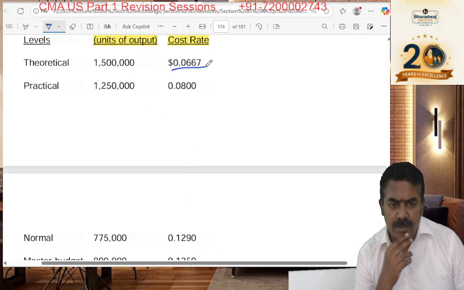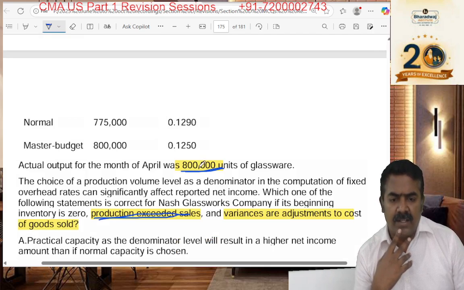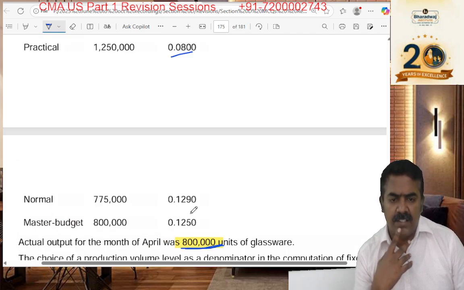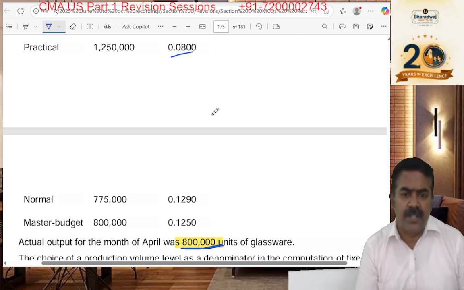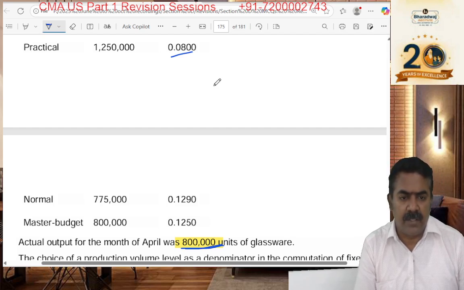This is 0.0667. This is 0.08. Just multiply the difference. 12 lakh 50 and 8 lakhs. 4 lakh 50 into 0.08. 36,000 would have been charged to cost of sales.